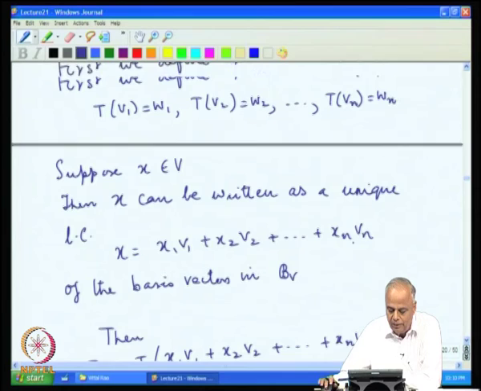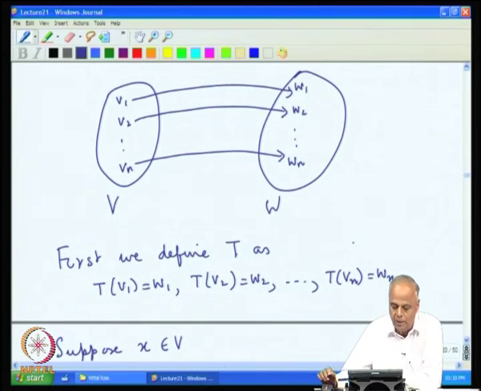Let us look at the definition. If you look at the mapping now, we have W 1 belongs to the range of T, because W 1 is the image of V 1. Similarly, W 2 is the image of V 2.